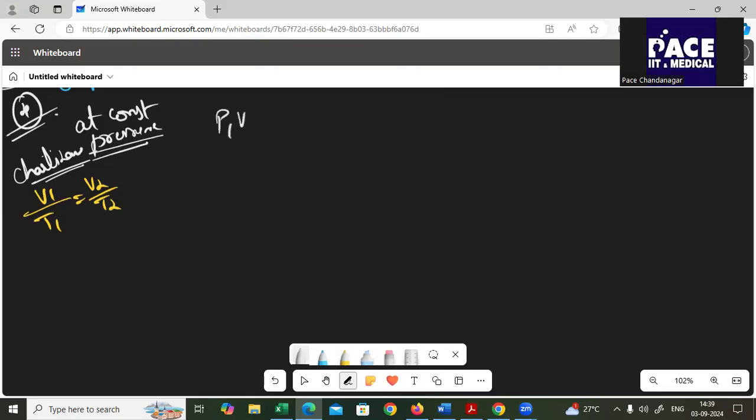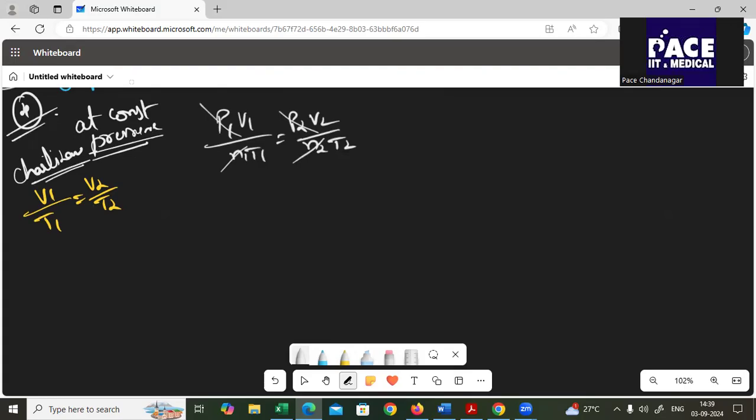You simply write P1 V1 by N1 T1 equals P2 V2 by N2 T2. It's the same amount of gas we are talking about, so the number of moles is not changing. For Charles law at constant pressure, remove the pressure because it will get cancelled anyway. So V1 by T1 equals V2 by T2.